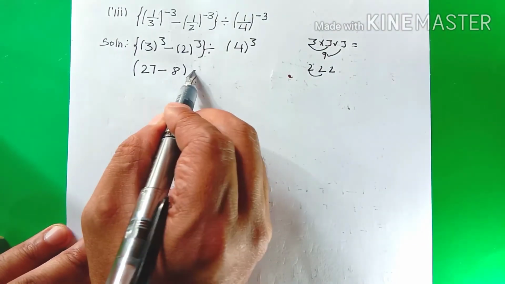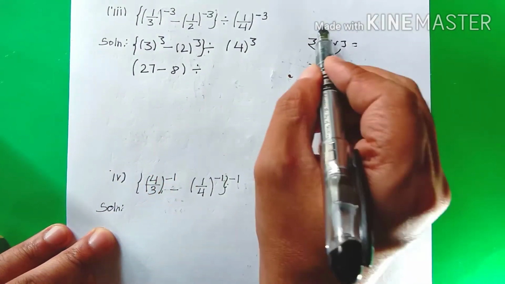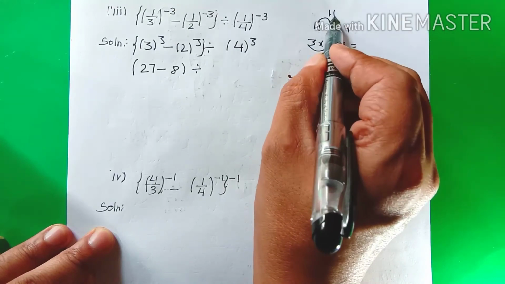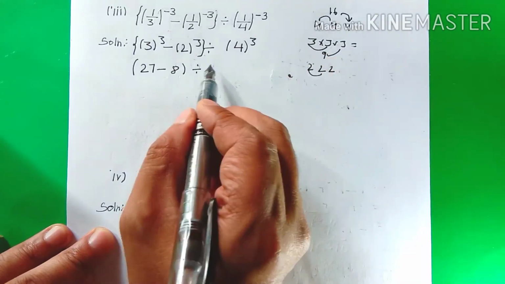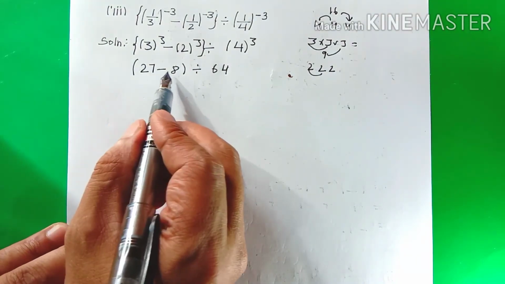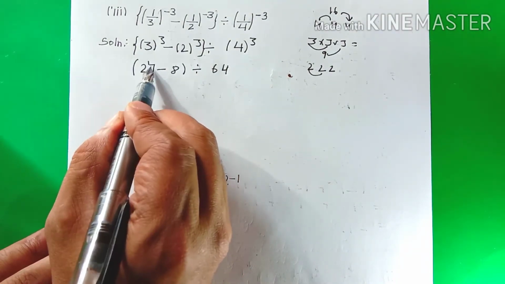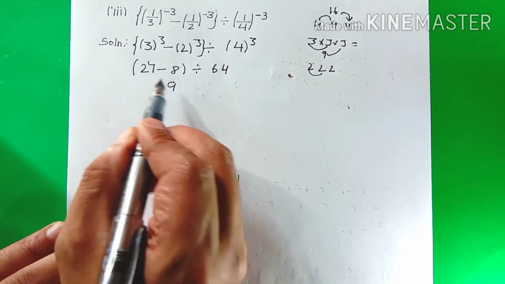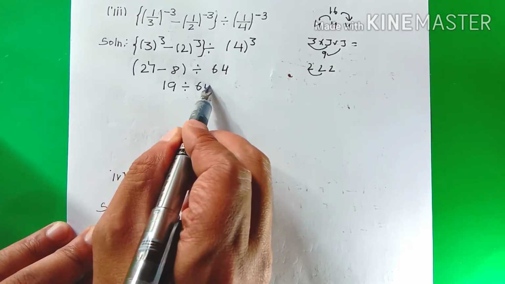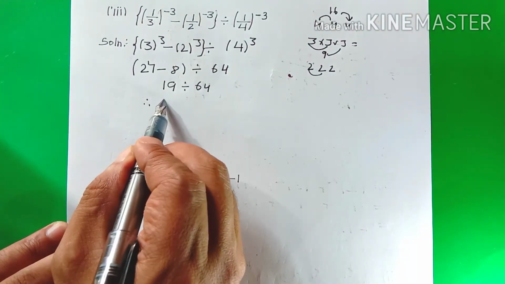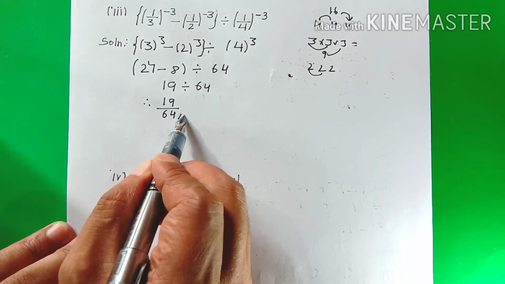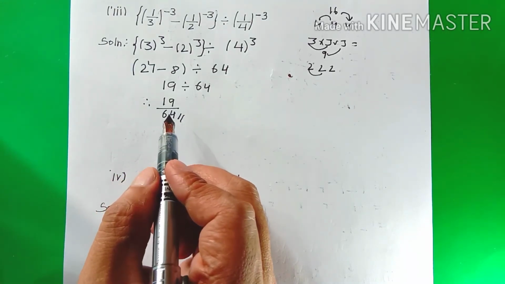We can close, divided by 4 cube, which means 4 into 4 into 4. 4 into 4, 16. 16 into 4 equals 64. Now 27 minus 8 is 19. So 19 divided by 64. Therefore, this can be taken here as the fraction 19 divided by 64. We don't have any common factor other than 1.